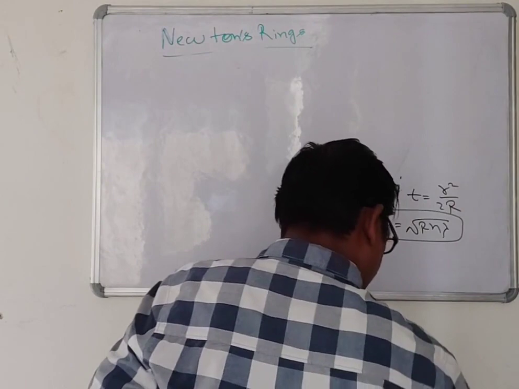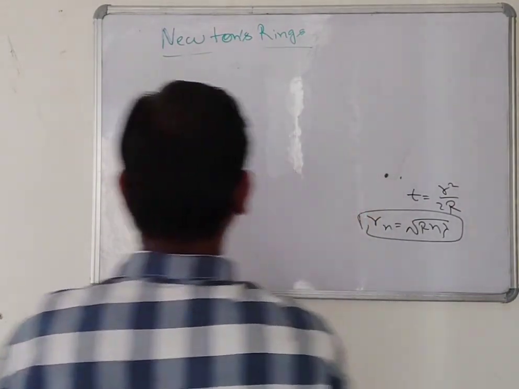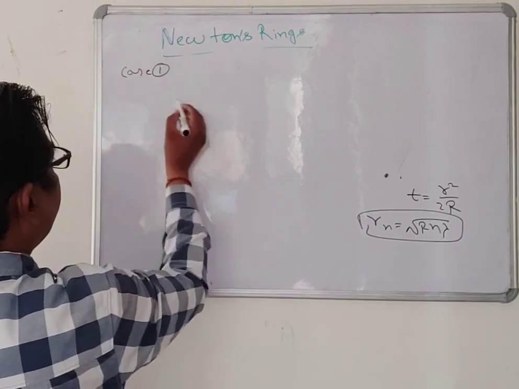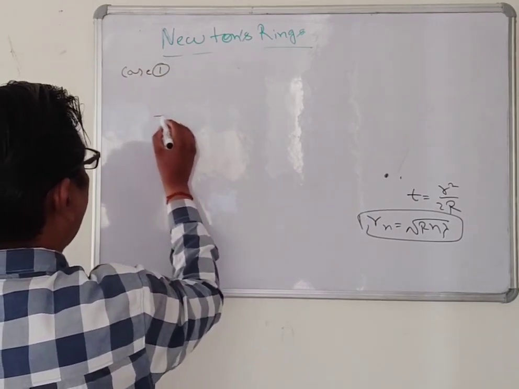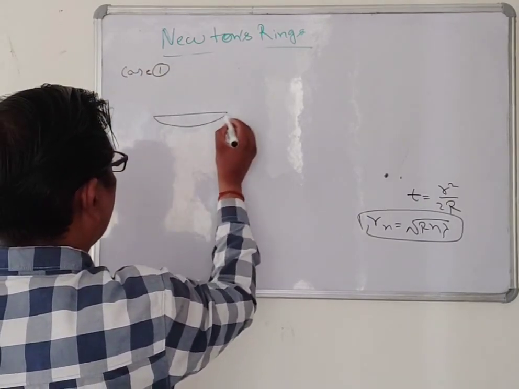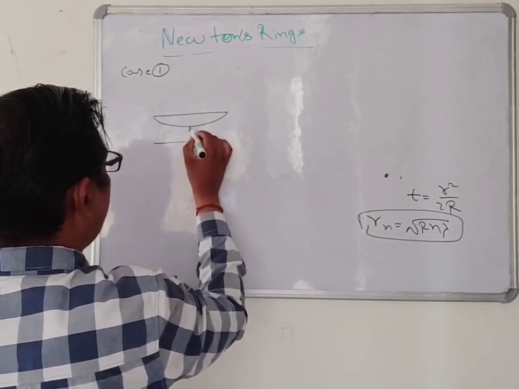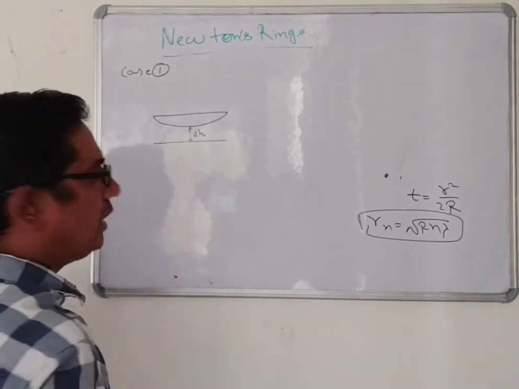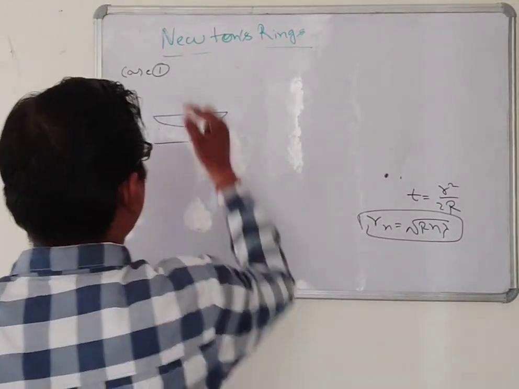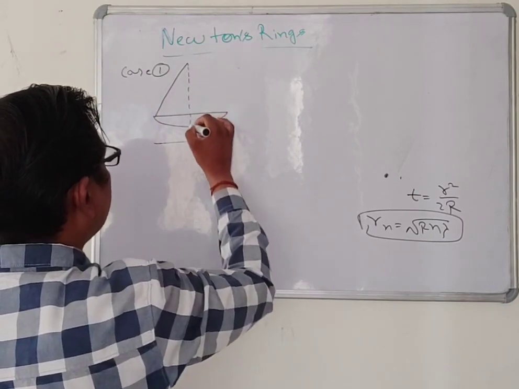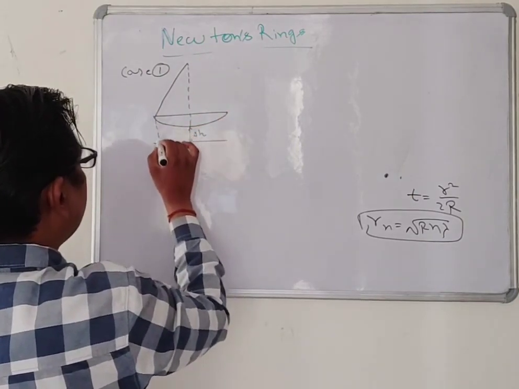In a special case of Newton ring, case number 1, suppose we have a plano-convex lens and suppose here we have put some height delta h. You can see that here is R. This is the thickness of the film.